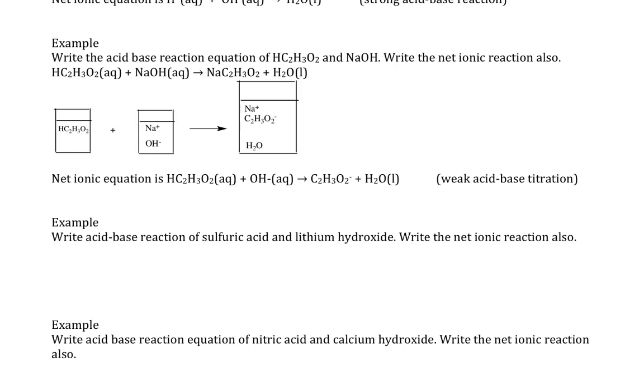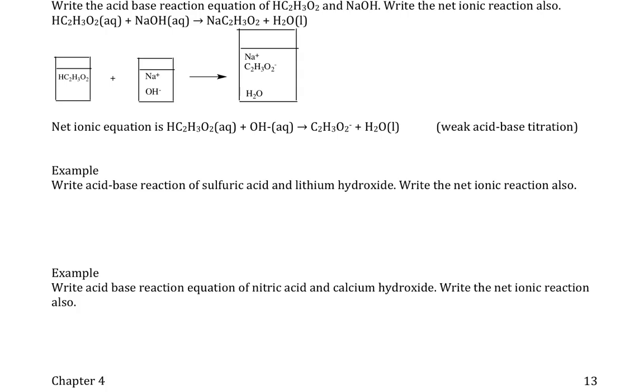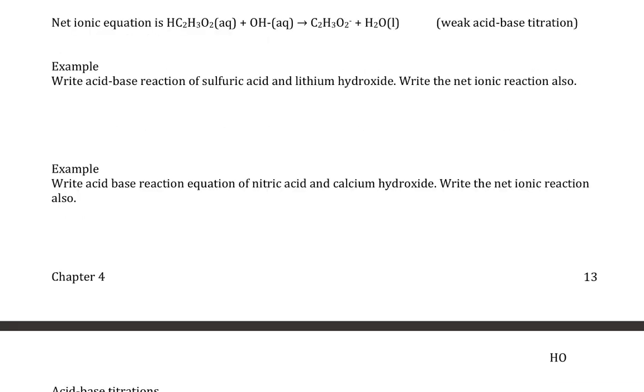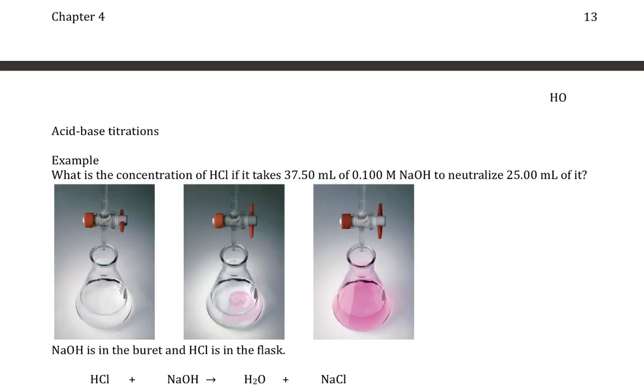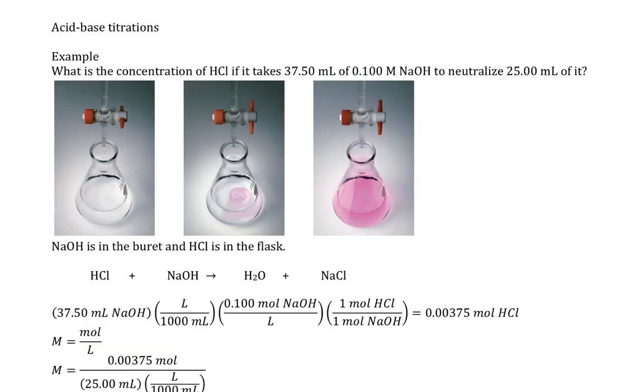Okay, I have a couple examples for you to come back to later. Now we'll do a calculation, an acid-base titration type calculation. So what we have is HCl in the flask, shown, it's that colorless solution in the Erlenmeyer flask.